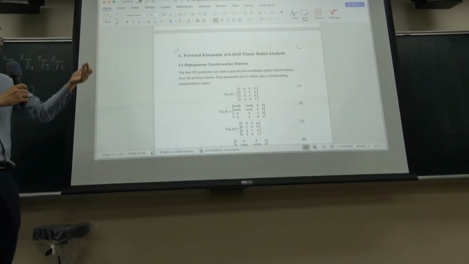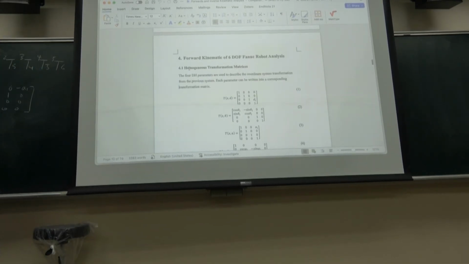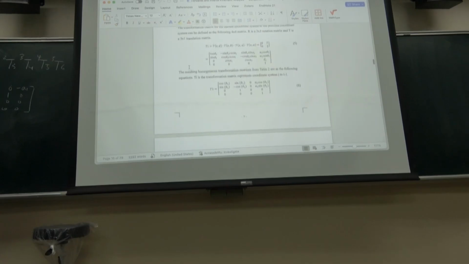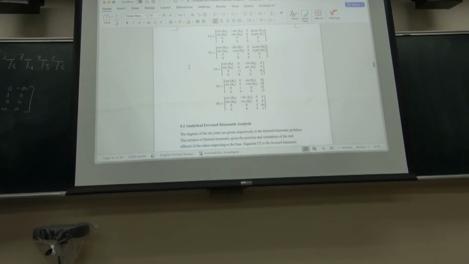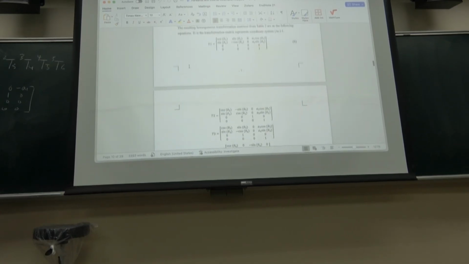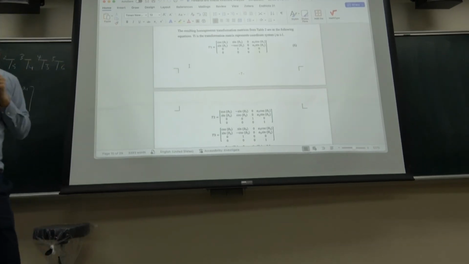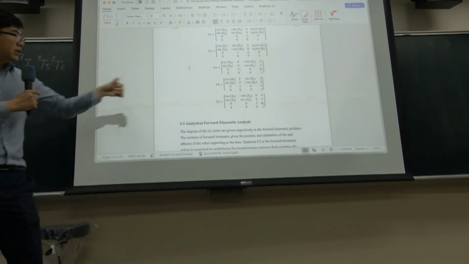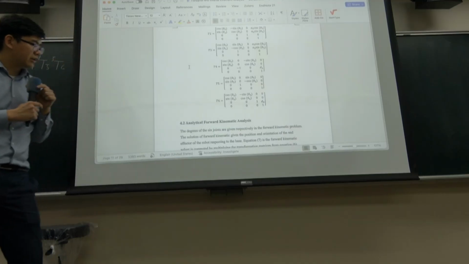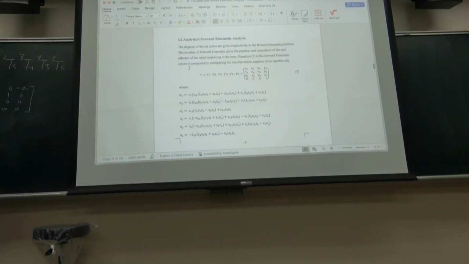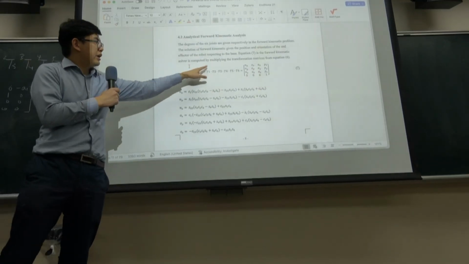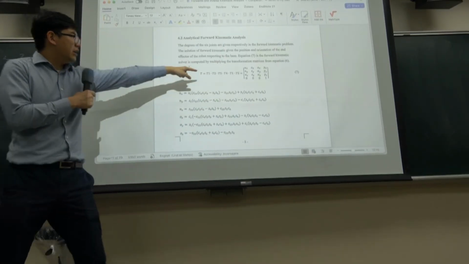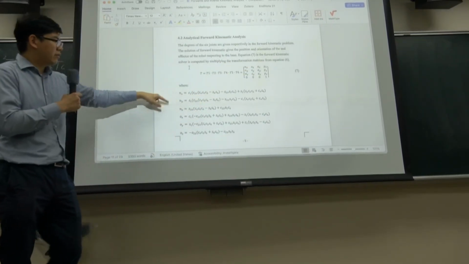So first we will derive the forward kinematics. This one was your homework for last week. From the first joint to the second joint and to the 6th joint, and you multiply them together, you can get the forward kinematics. There will be 12 elements over here.